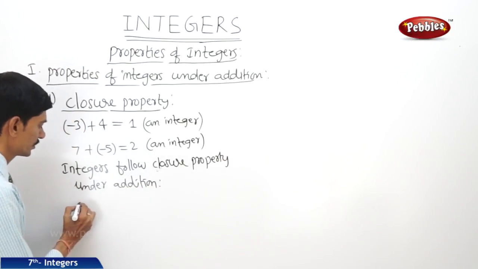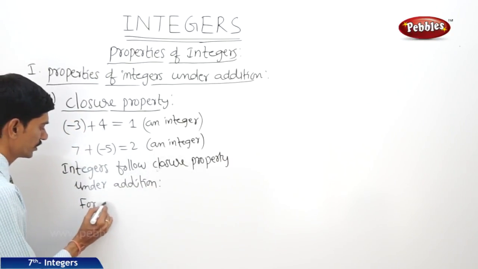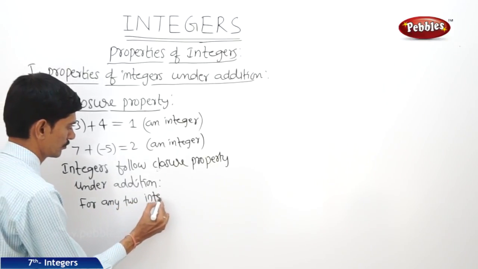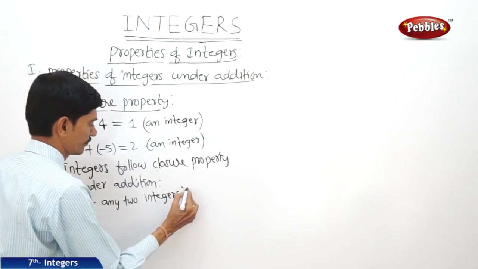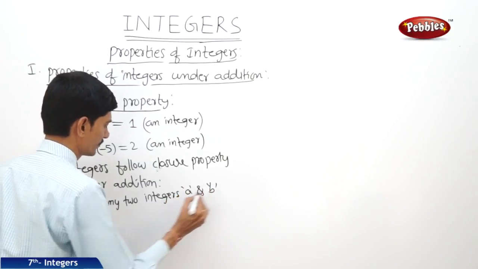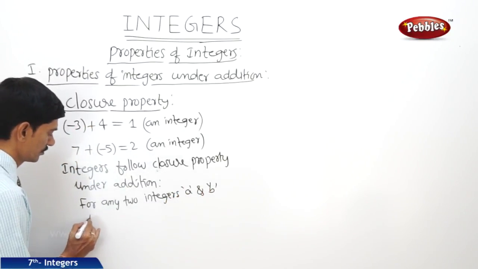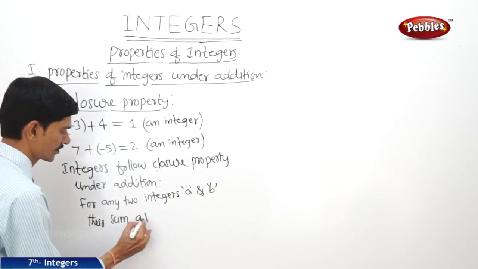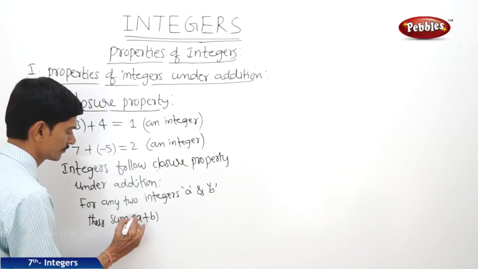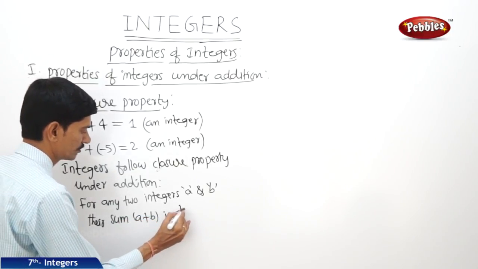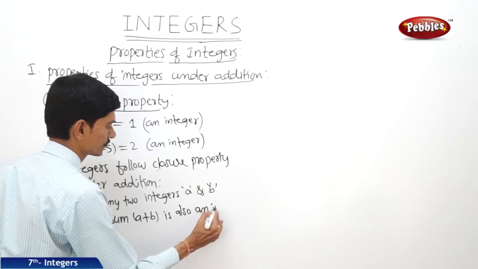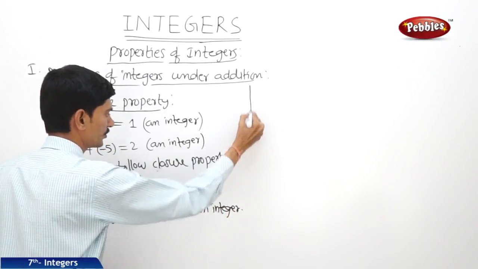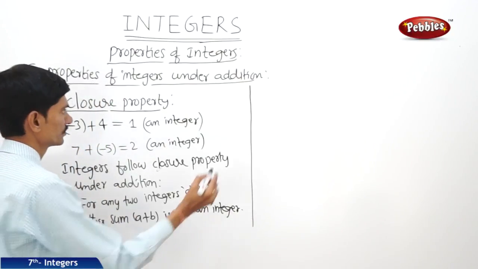So we can write that for any two integers A and B, their sum A plus B is also an integer. Now let us see the commutative property under addition.